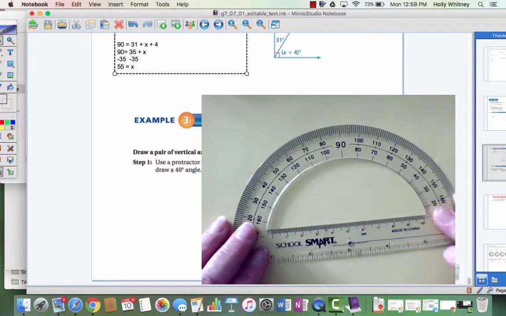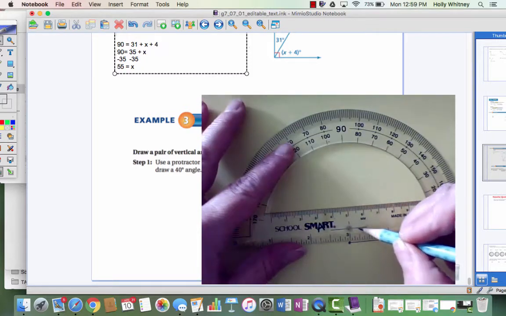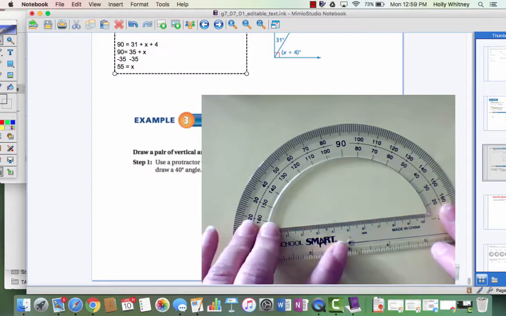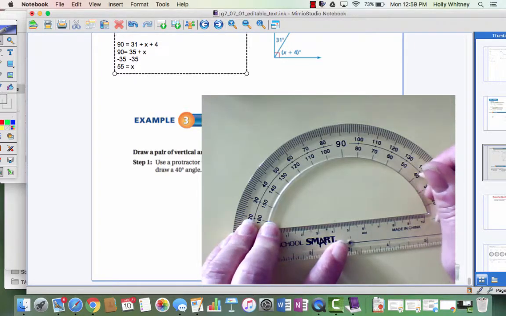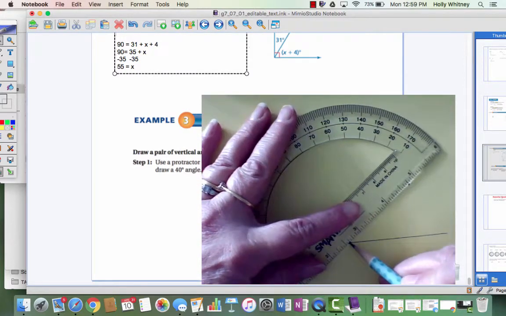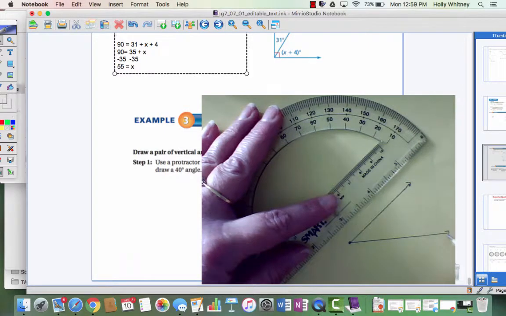Then you can see there are little hash marks, and you line those up on the line that you've already drawn. Since I want a 40-degree angle, I mark 40 degrees here. So I know that from here to there will make a 40-degree angle with that line. Then I just connect here, and I connect here. So now I have a 40-degree angle.